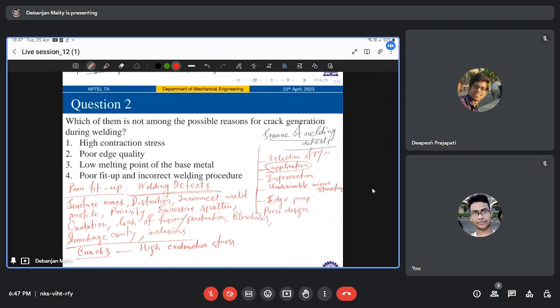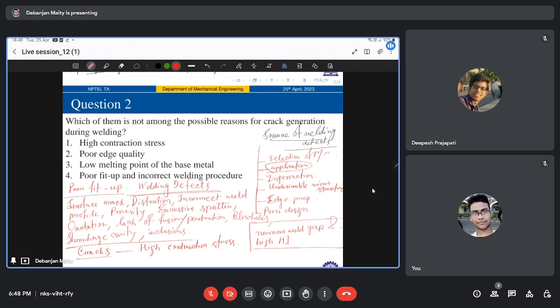As I was saying, if you're having this narrow weld gap and high heat input, right?